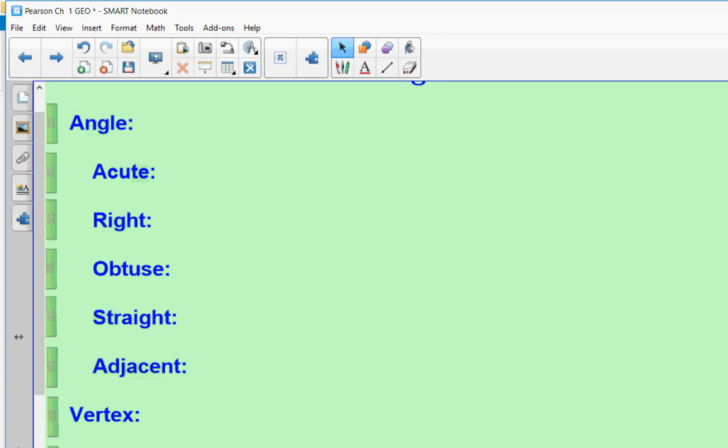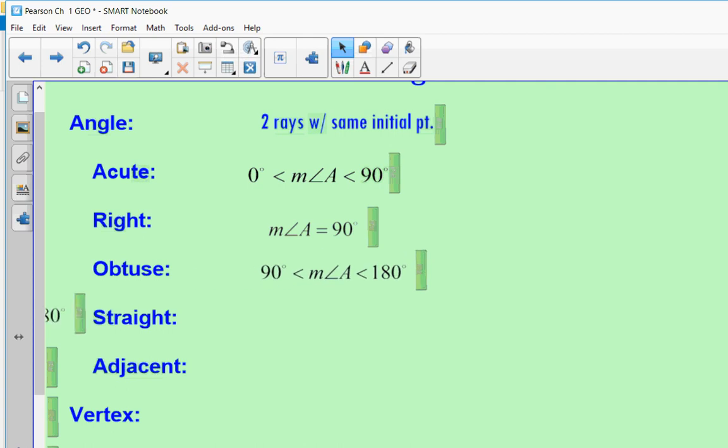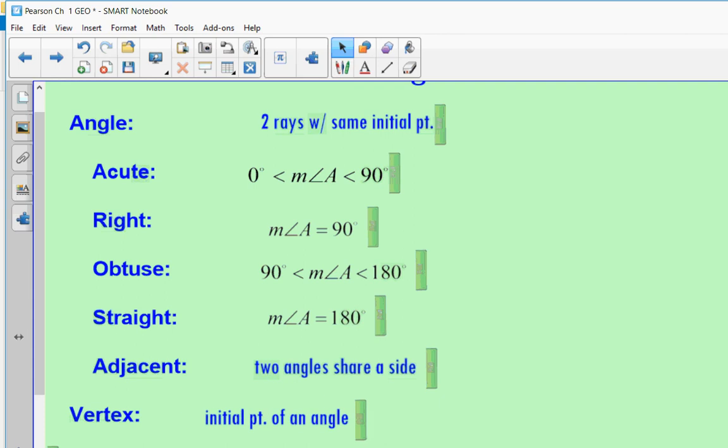An angle, an acute angle. Some of these other ones are angles too, but we classify angles by certain things. A right angle, an obtuse angle, a straight angle, an adjacent angle, vertex, and congruent angles.